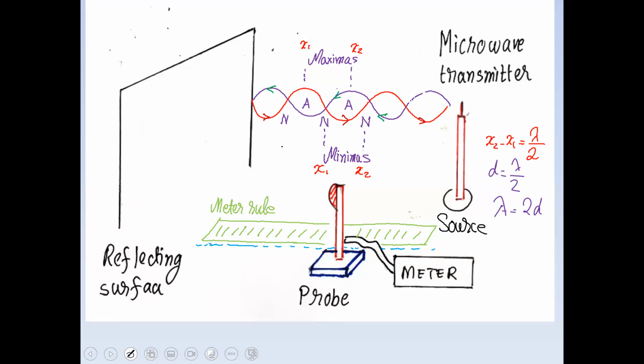The meter will detect successive maxima or minima, node or antinode. Now we have to find the distance on the meter rule between two successive nodes or two successive antinodes. If we double that distance, it is called the wavelength.